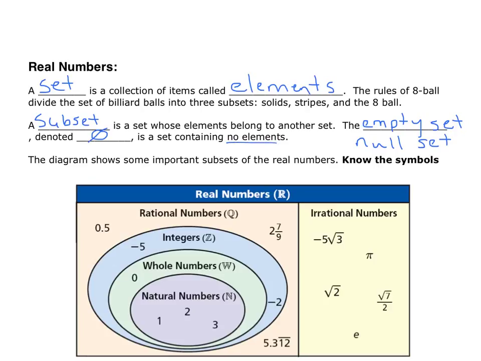The diagram below shows important subsets of real numbers. So each of the ovals is a subset of the rational numbers. All of the ovals that are contained inside of another oval are also part of that subset.